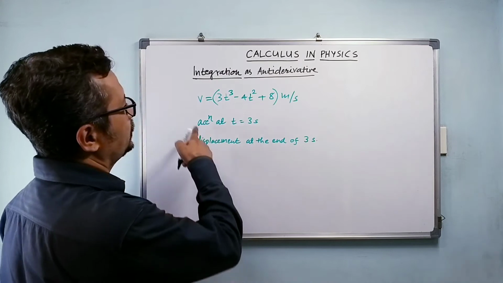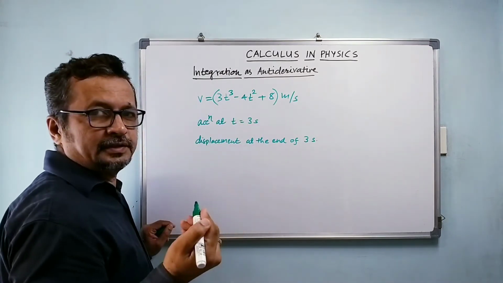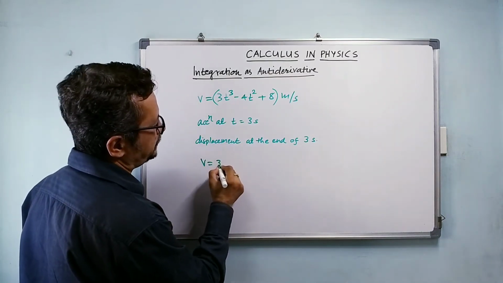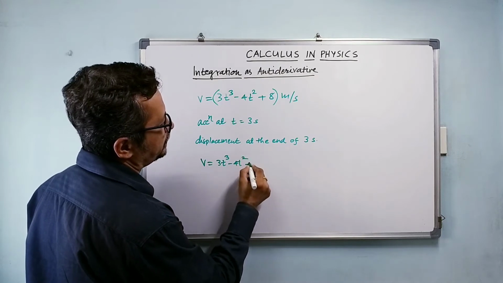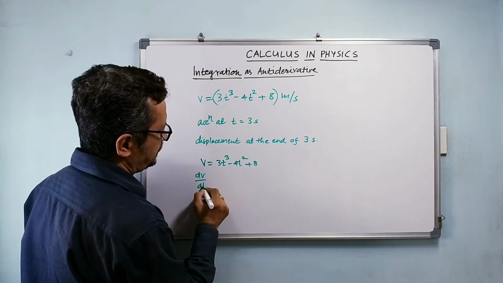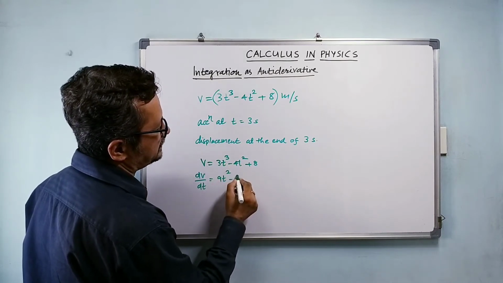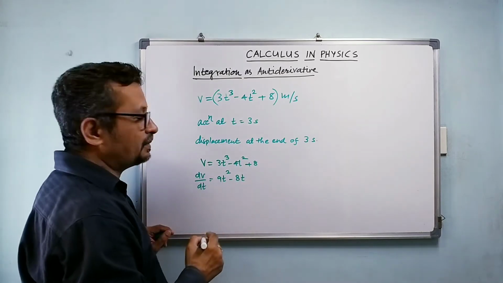Now here, from velocity, getting acceleration is quite easy. You find the derivative of velocity. So my v is equal to 3t cube minus 4t square plus 8. So dv by dt is going to be 3 into 3, 9t square minus 8t plus 0. So 9t square minus 8t.